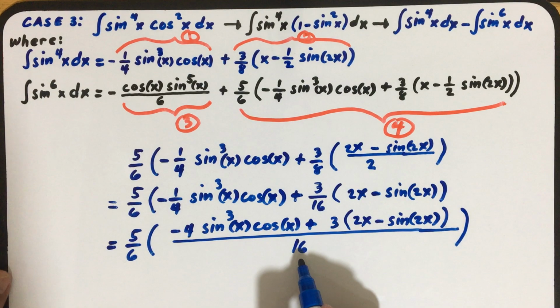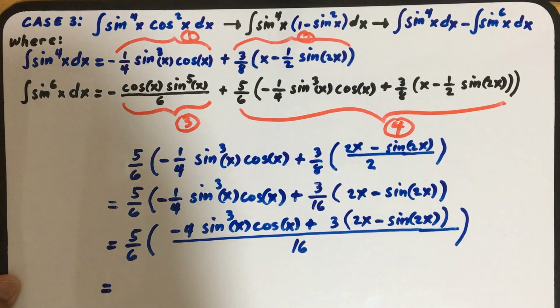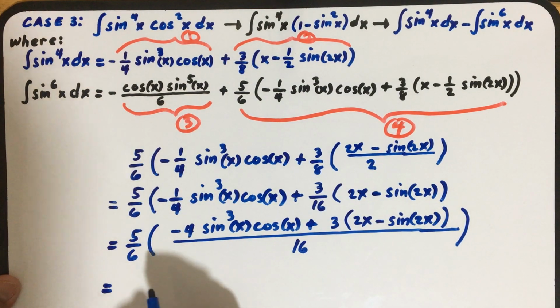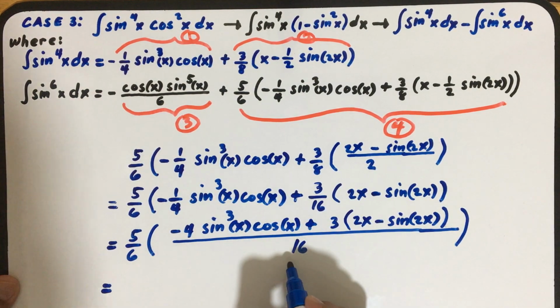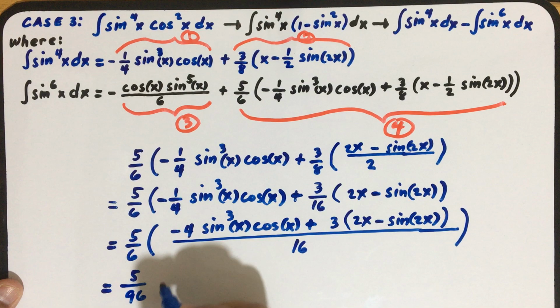Okay, now we can put this 16 outside. This becomes 5 over 6 times 16. So this will be 5 over 96.